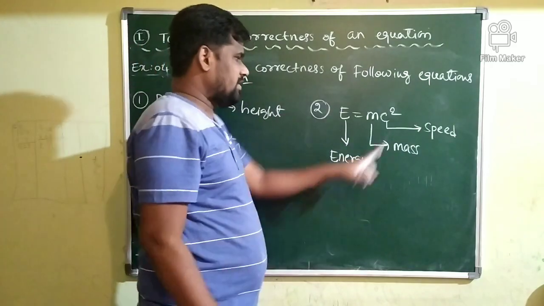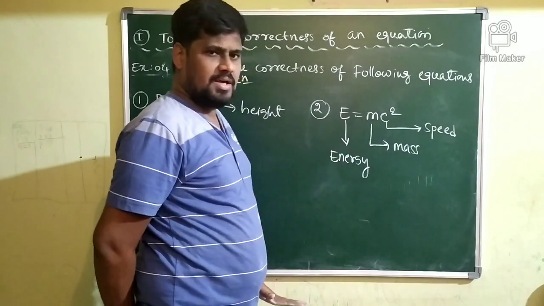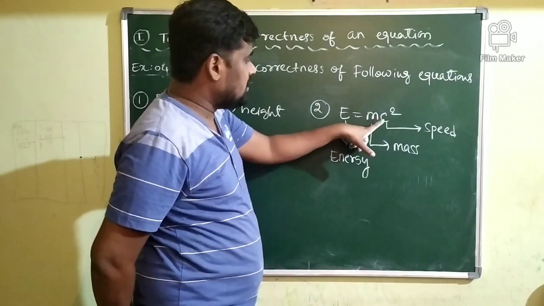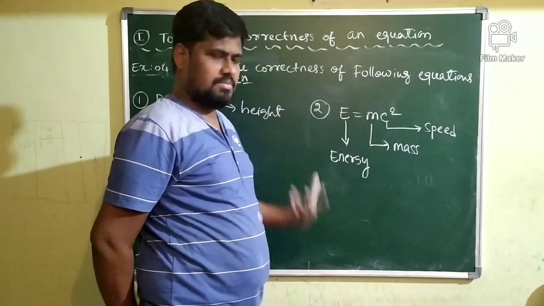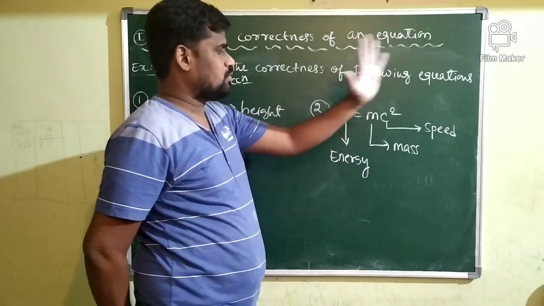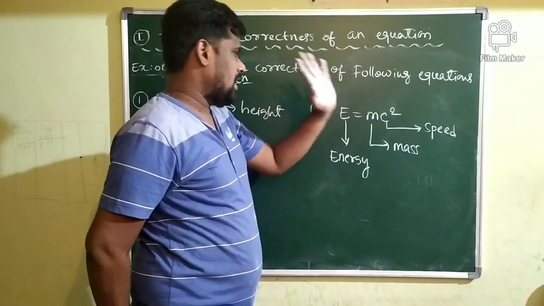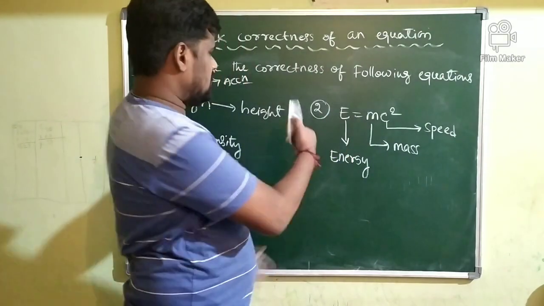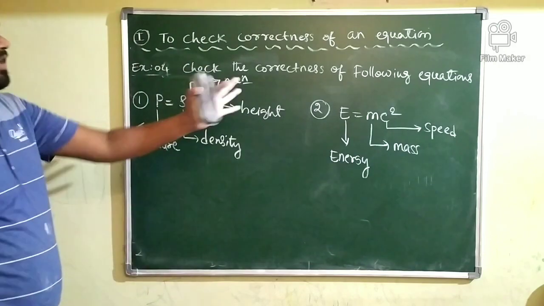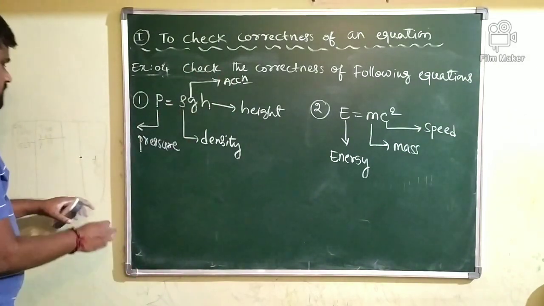C square means speed square. In LHS energy, in RHS mass into speed square. LHS dimension should be equal to RHS dimension. If LHS and RHS dimensions are the same, then the given equation is a correct one. You can check the correctness of the equation. Second one.